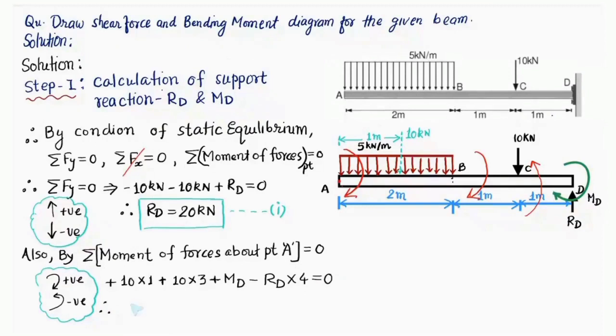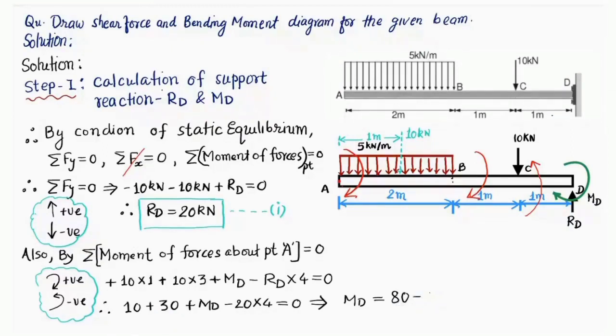If we simplify this, what I'll get is 10 plus 30 plus MD minus RD. We have already got the value, 20 into 4, equals 0. So now I'll simplify this. I'll be getting MD, that is the moment reaction at point D. This 20 into 4 will be 80, will go on the right hand side and become positive, and 10 plus 30 will be 40.